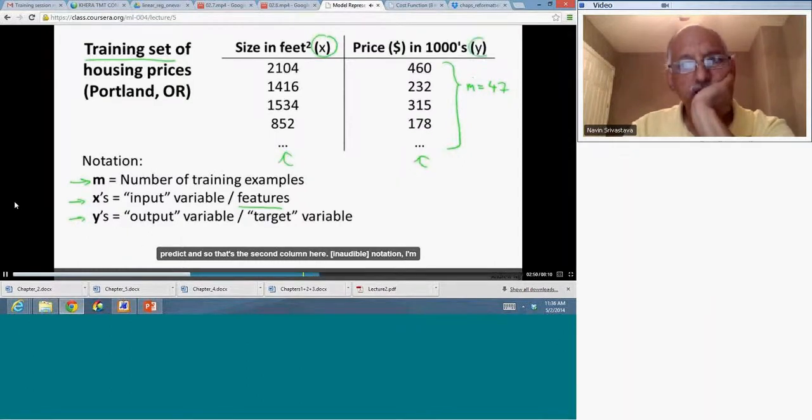I'm going to use (x, y) to illustrate one training example, and to refer to a specific training example, (x^(i), y^(i)), where i refers to the ith example.